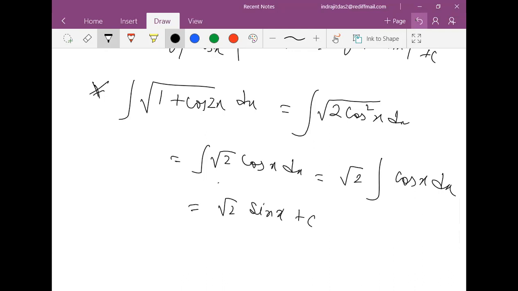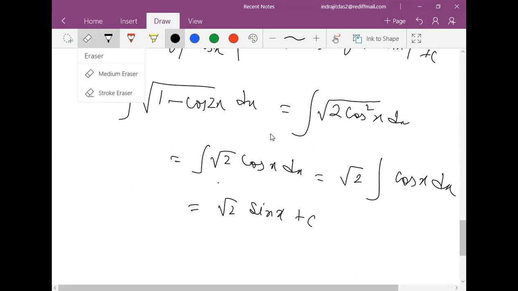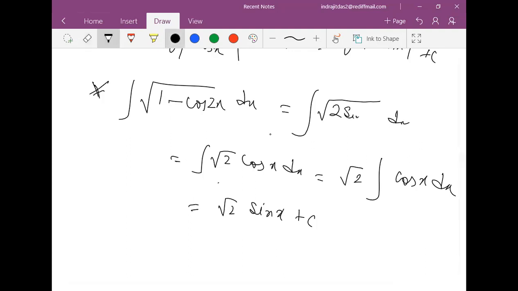Now this type of question, when we are solving, we have this plus sign. Now if I change it to a minus sign, if I remove this and put a minus sign, then this will not be cos square x. This will obviously be sin square x. So your ultimate idea will be 2 sin square x. So it will not be cos x, this will obviously be sin x.